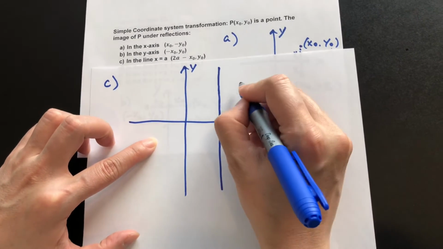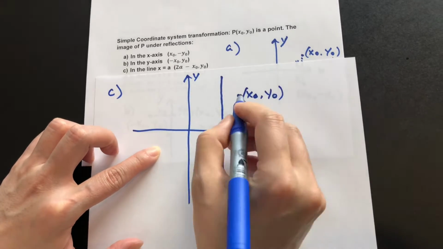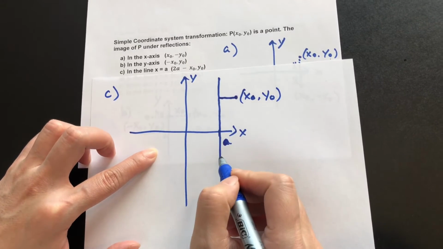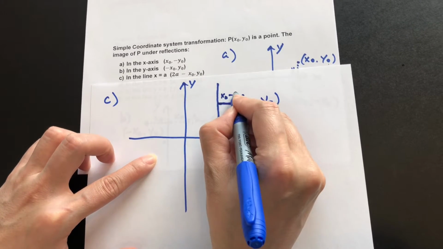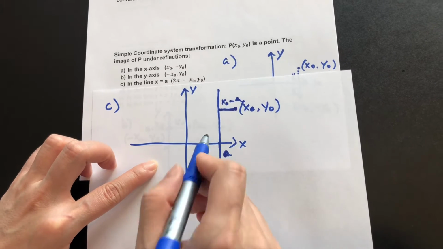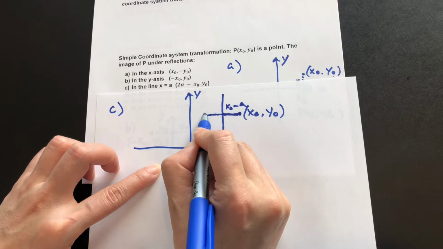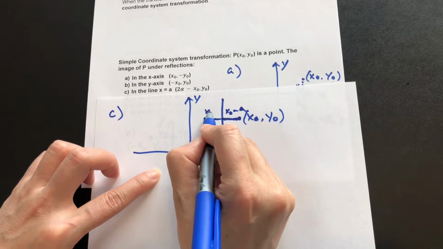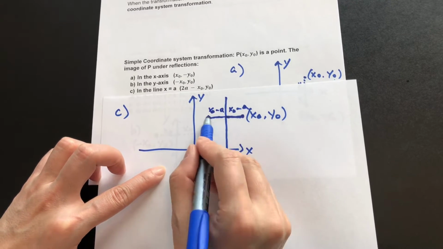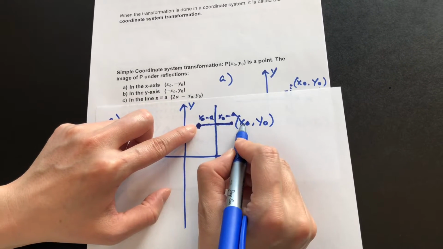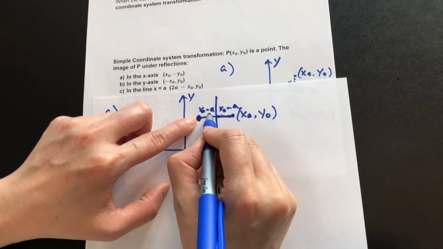Say you have any point x0, y0 here. We draw a perpendicular line to the mirror line. What's the distance here? That is x0 minus a. We need to find the same distance on the other side. Here is another x0 minus a. What is the position for this point? x0 has to subtract x0 minus a, and another x0 minus a.